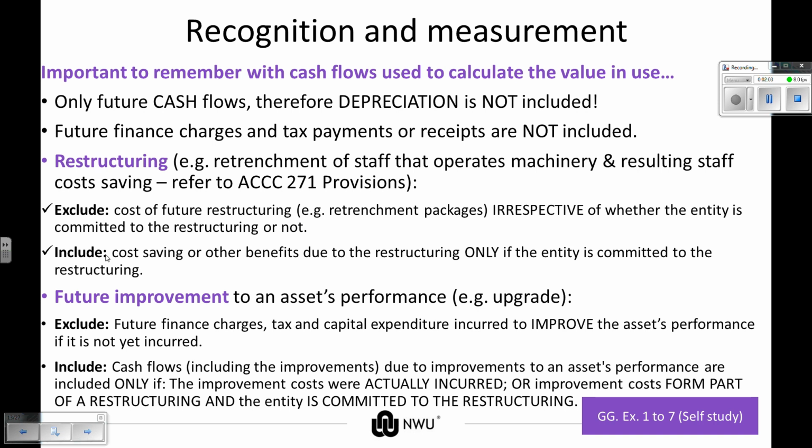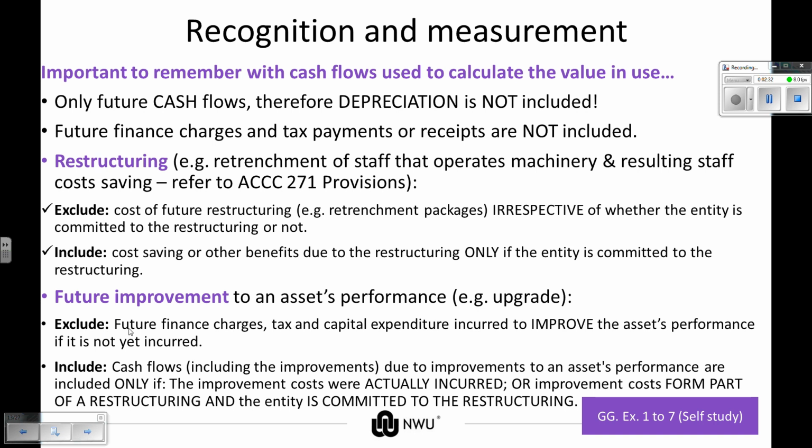I will, however, include the cost saving or other benefits due to the restructuring, but only if the entity is committed to the restructuring. If we look at future improvement to an asset's performance, this is also a funny one. I will exclude future finance charges, tax, and capital expenditure incurred to improve the asset's performance if it is not yet incurred.